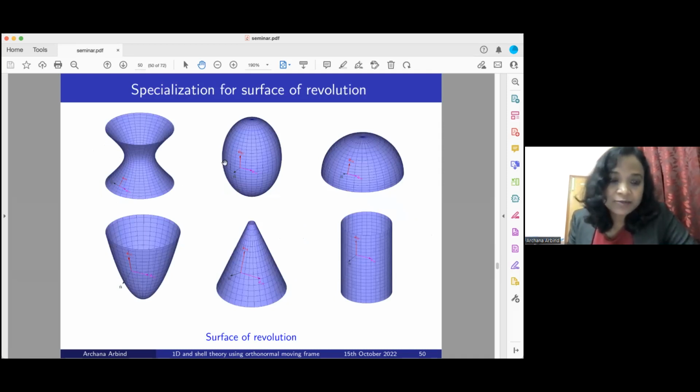Another thing is that we can analyze all surfaces of revolution very easily. Here the reference curve would be a straight line and the radius will be varying with S along the reference curve.